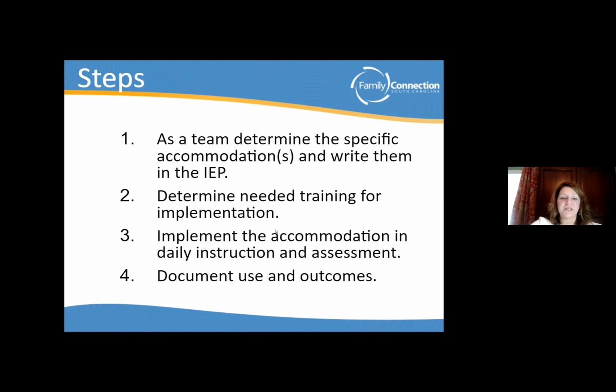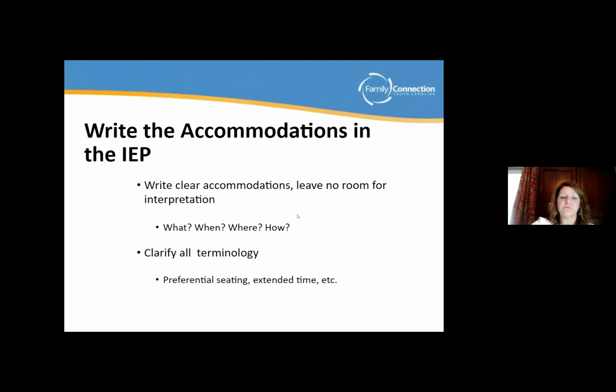Three, implementing the accommodation in daily instruction and assessment across whatever settings and times are appropriate, and then documenting use and outcomes of those accommodations. As you're writing the accommodations in the IEP, it's very important that the writing leaves no room for interpretation. It addresses the what, the when, the where, the how, and all of the terminology is clearly defined. I was in a meeting earlier this week, and one of the recommendations was preferential seating.